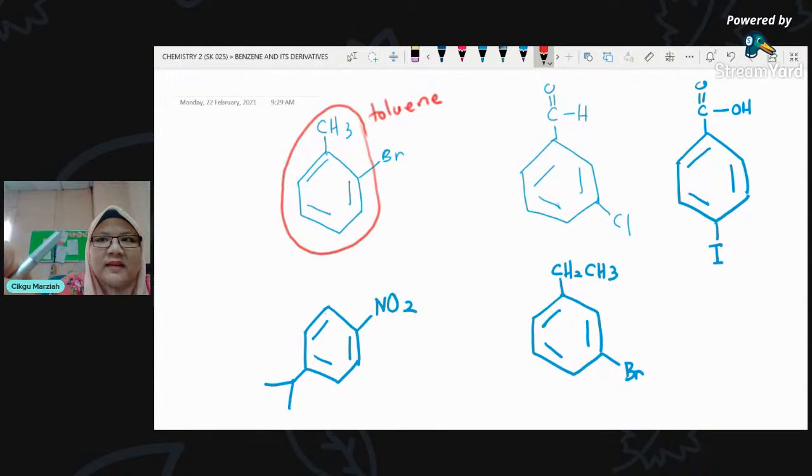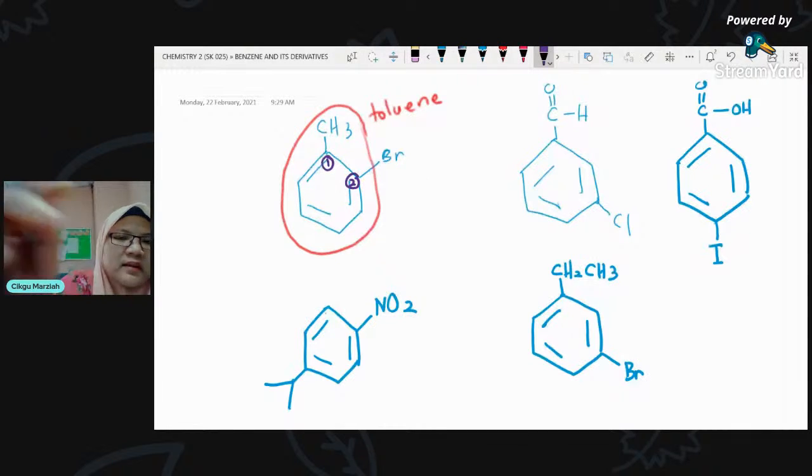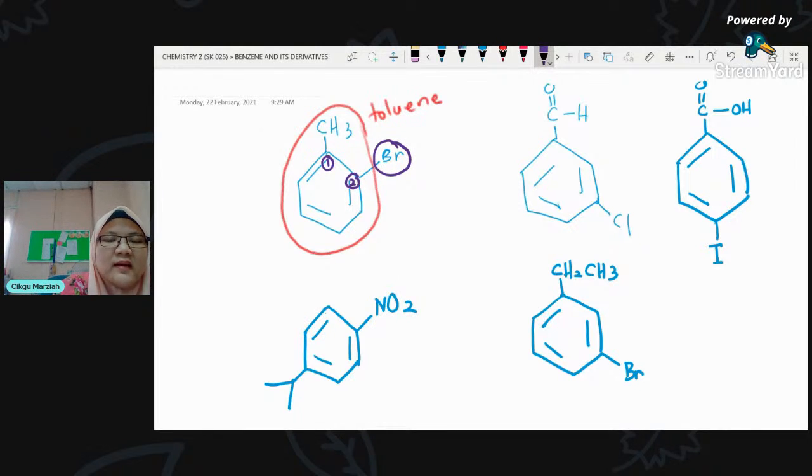So automatically, this is considered as carbon number 1. This is considered as carbon number 2. And this carbon number 2 contains one substituent which is bromine. Okay, so kita boleh namakan dia 2-bromotoluene. Jangan jarakkan.